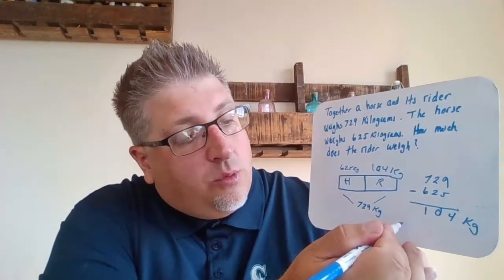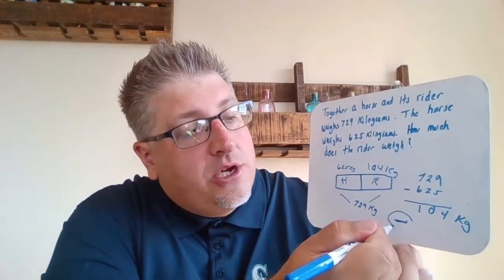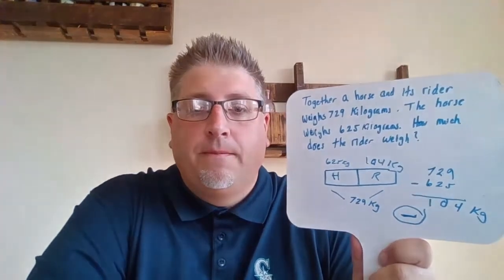So for that second one, we use the operation of subtraction. We took what was provided for us, the 729. We subtract how much the horse weighed, and the leftover answer from subtraction told us that the rider weighed 104 kilograms. And we made sure that we labeled it as well. Okay? 2 questions to go here. Question number 3.